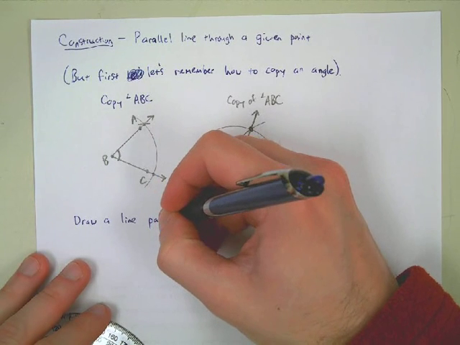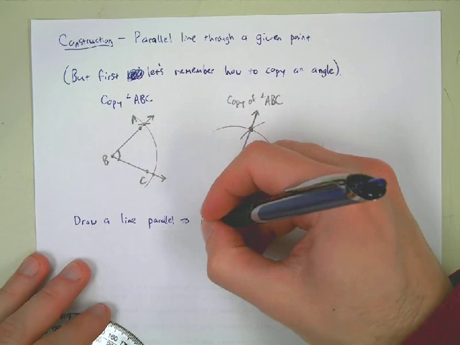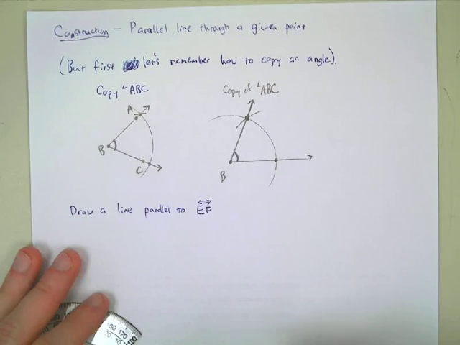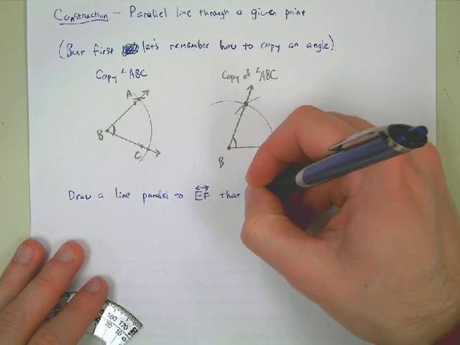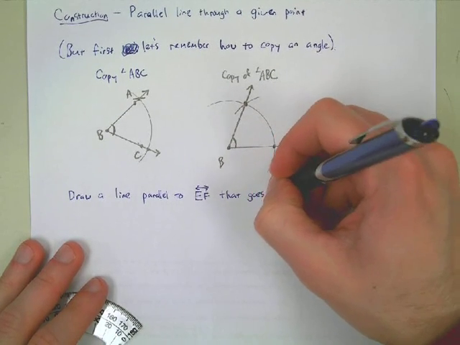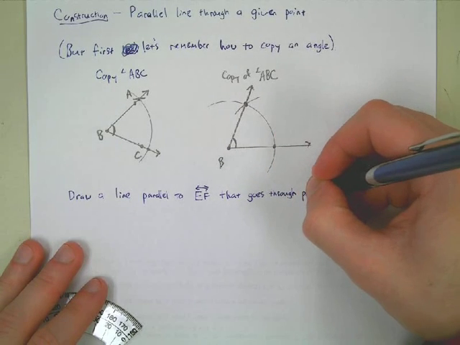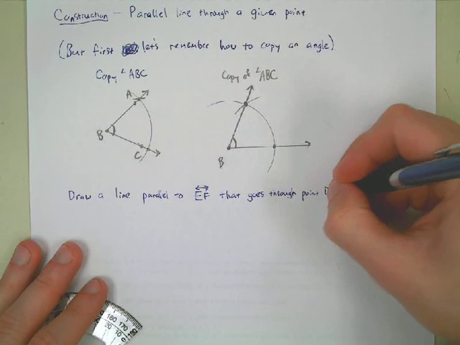Draw a line parallel to line EF that goes through point D. Okay, draw a line parallel to EF that goes through point D. So obviously we need a line EF, we need a point D here.